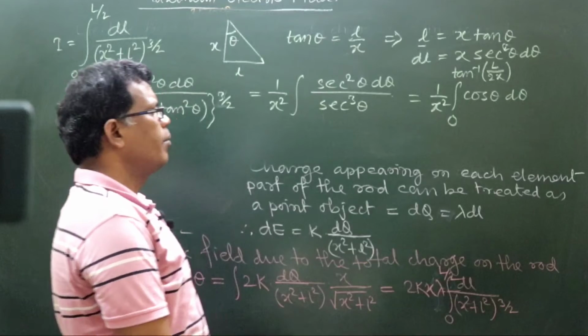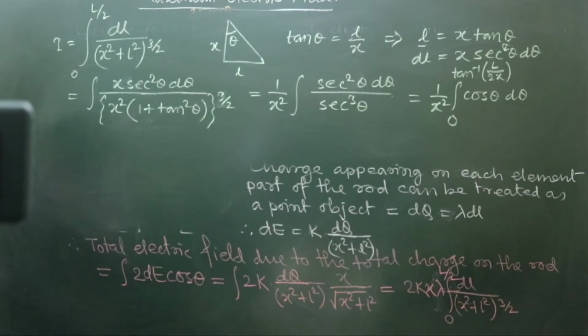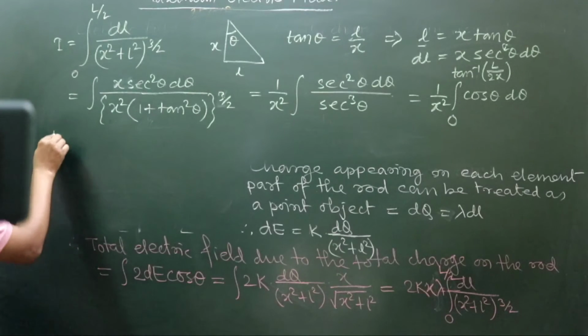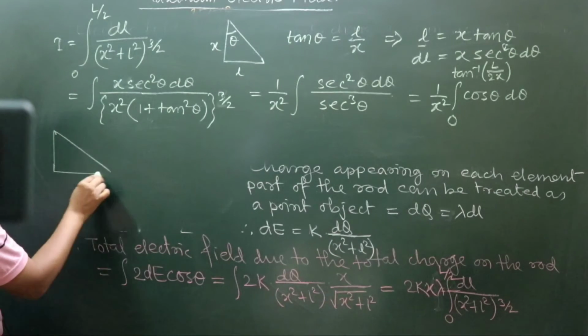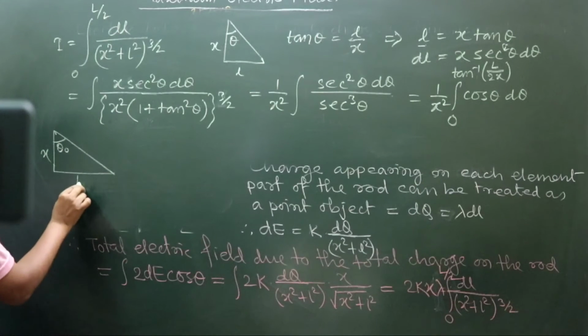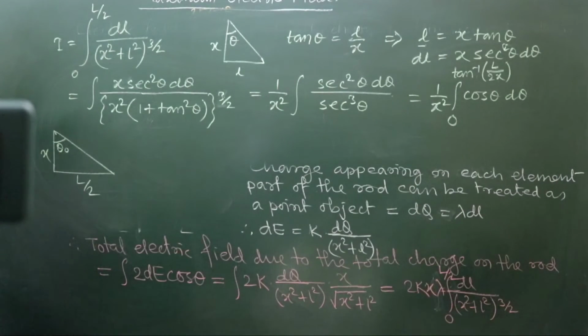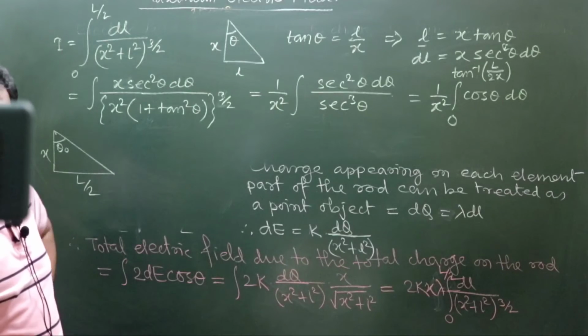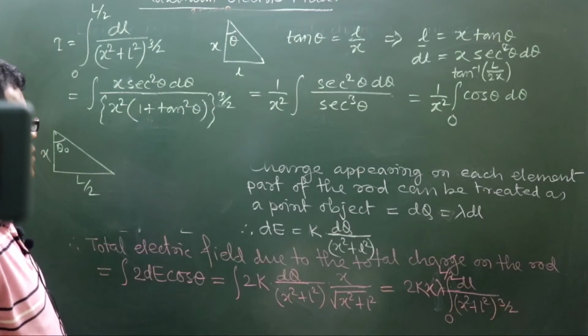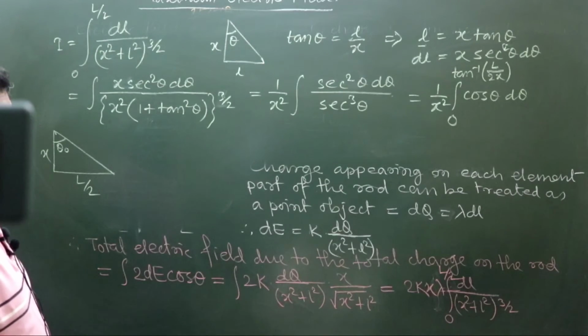This will be the upper limit of theta. Got my point? Because for the extreme value theta naught, if you take this as x and this as L by 2, tan theta naught will be L by 2 by x, that is L by 2x. So theta naught will be tan inverse L by 2x.